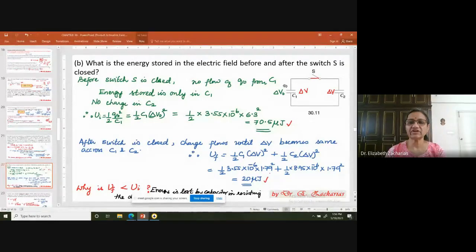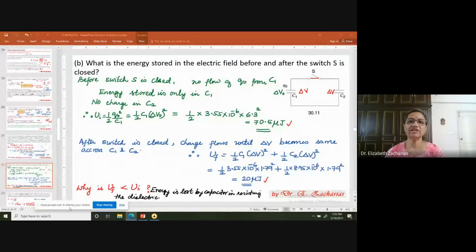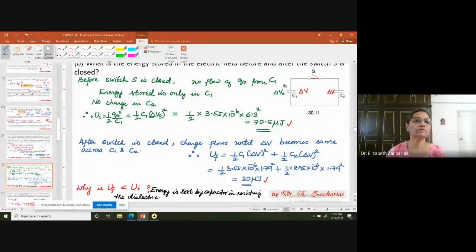But after it is connected, even if I take the sum of the two energies, it is only 20 microjoule. So the question is, where did the energy go? Why is the final energy so less?